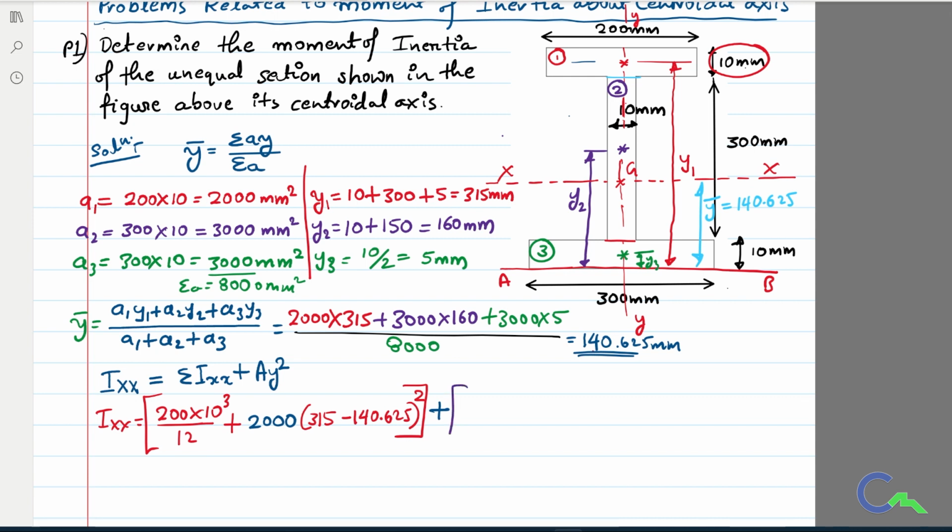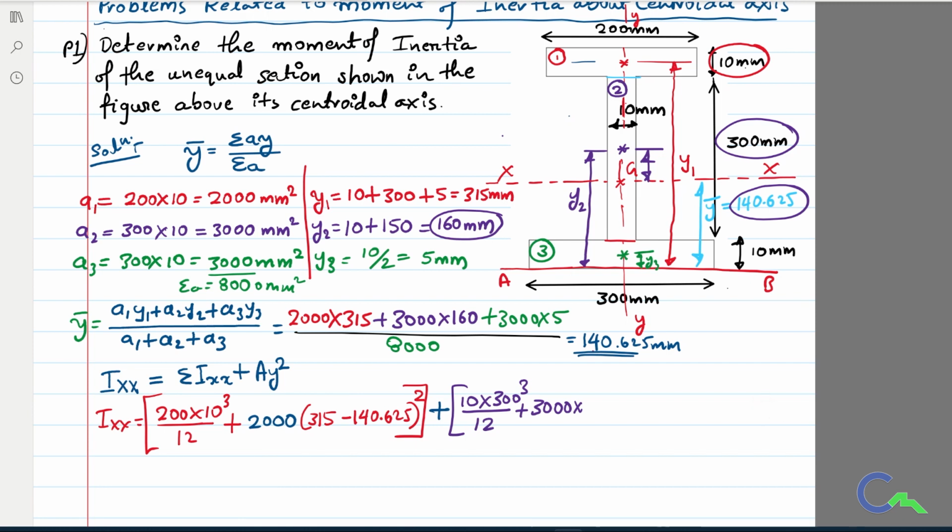Therefore b for the second figure is 10 mm, into d value for the second figure, 300 mm, so 300 cube divided by 12, plus the area of the second figure, which we already calculated, A2 is 3000, into the distance from the centroid of the second figure to the reference axis.